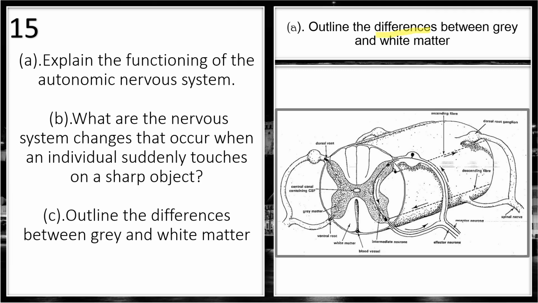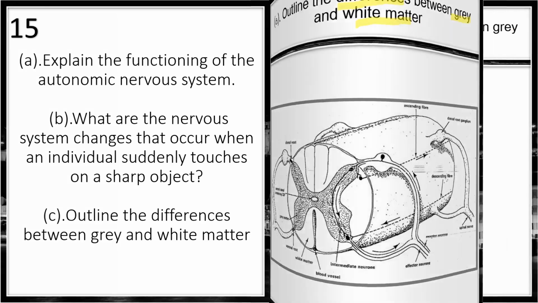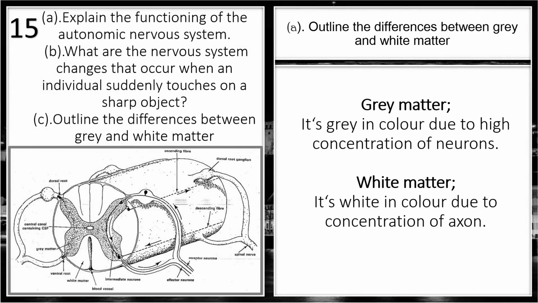Outline the differences between the gray matter and the white matter. The gray matter, now when we first of all, let's look here in our diagram. This is our spinal cord.